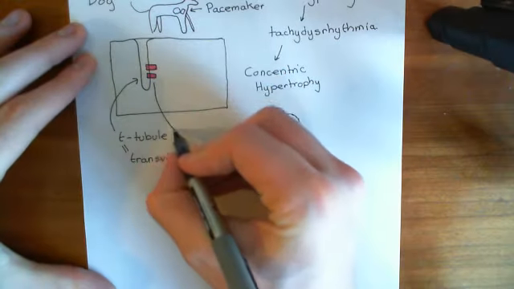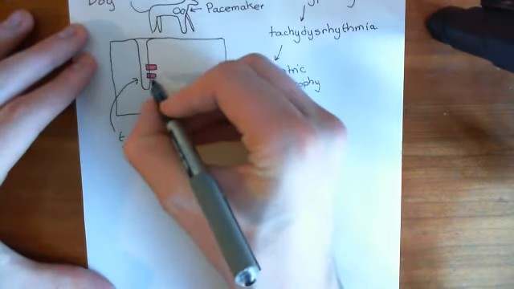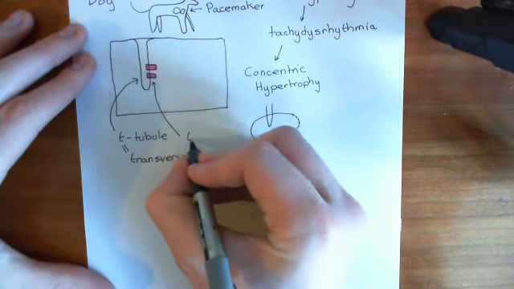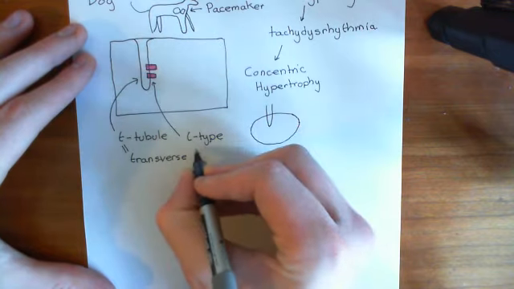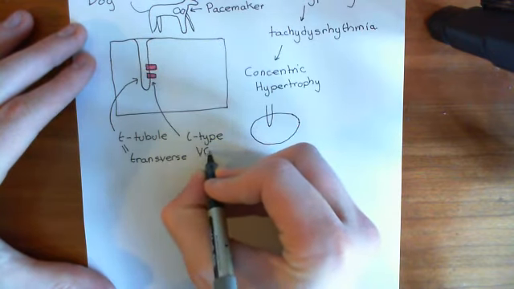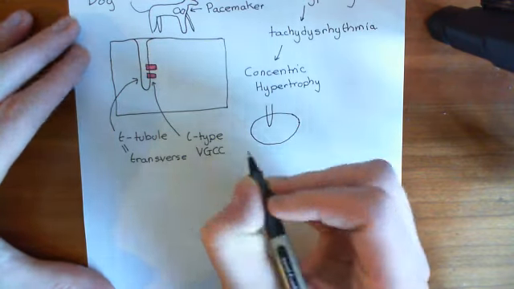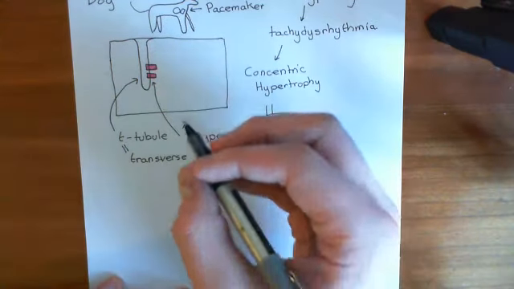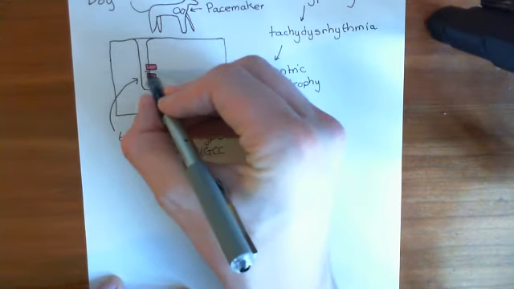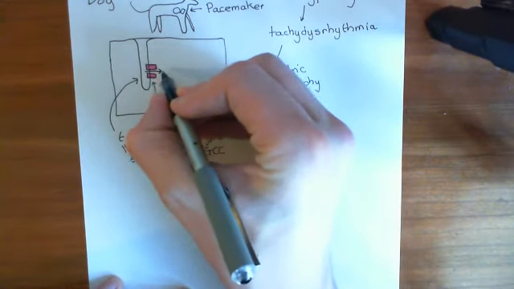So when the electrical potential difference across the membrane depolarizes, these L-type voltage-gated calcium channels, and by the way, an abbreviation for voltage-gated calcium channel is VGCC, will open, and they'll allow calcium to move into the cytoplasm of the cell.